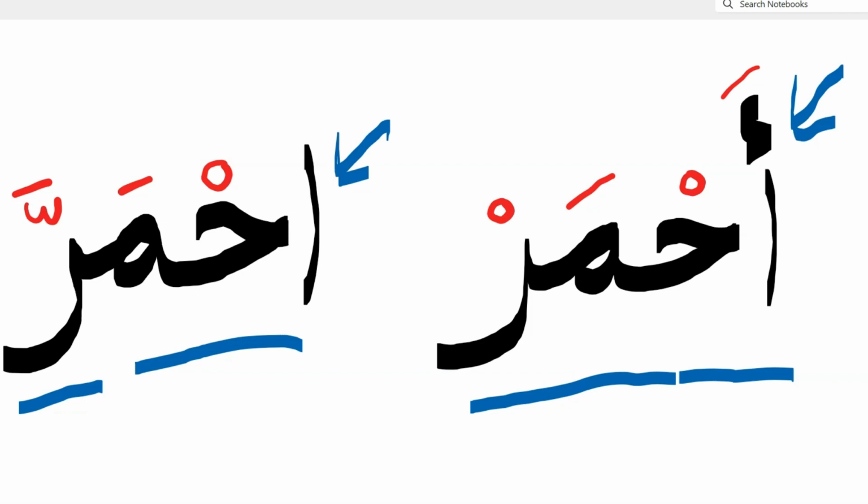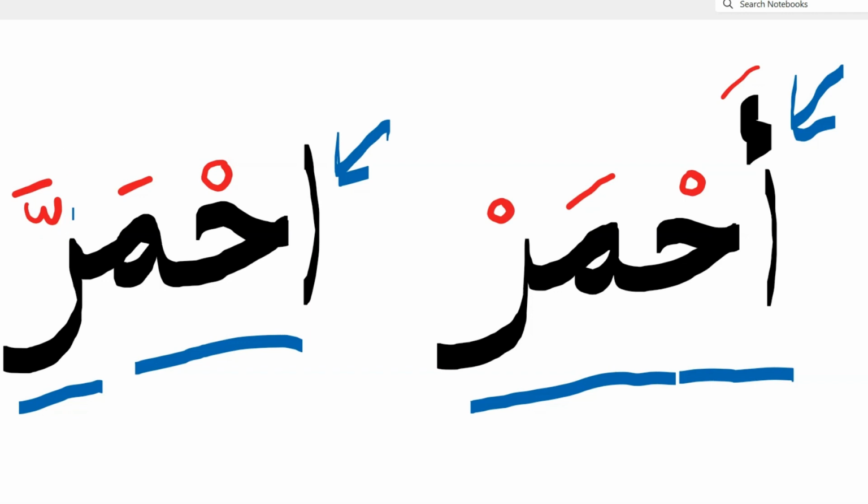Now, do you see this little thing here that looks like a seen? It's called shadda. Shadda is a stressing sound. It means stress more. So when you see the shadda right here and the fatha right here, it's not ra, it's rra. So marra, rra. Okay. I hope that's clear for the shadda.